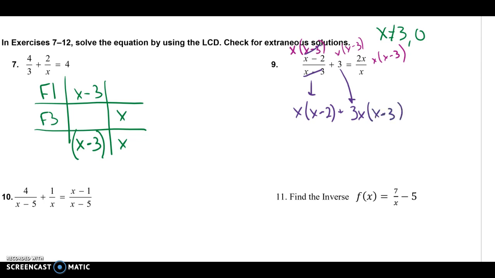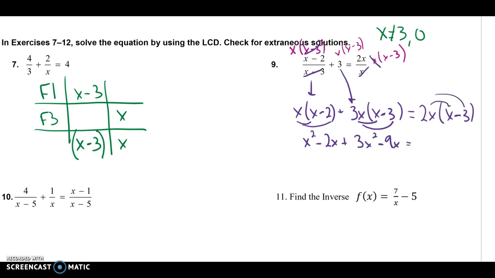And then my third fraction, these x's will cancel out, so on the other side of the equal sign, I will have 2x with x minus 3. So from there, I need to clean it up, so I'm going to distribute. Start with my first set, x squared minus 2x. Go with the second set, 3x squared minus 9x. And then the last set, 2x squared minus 6x.